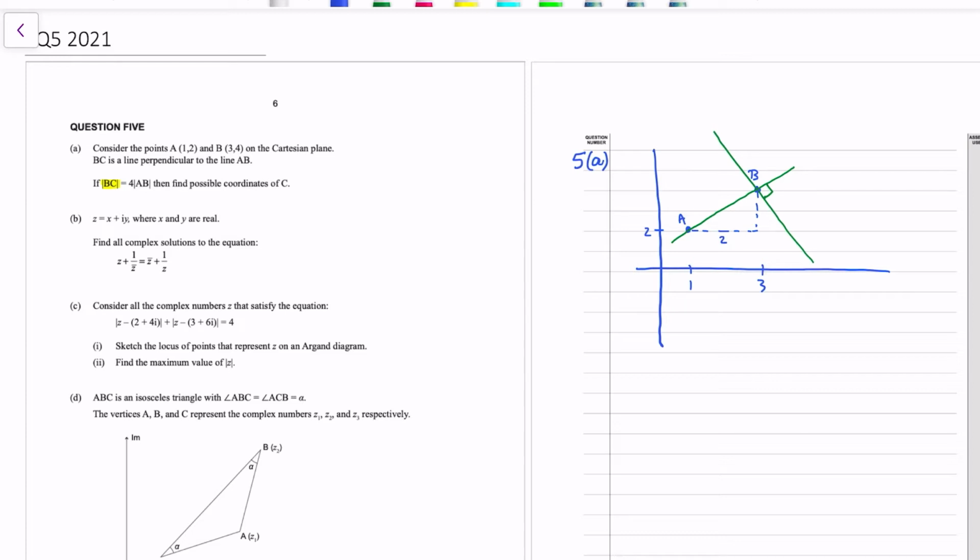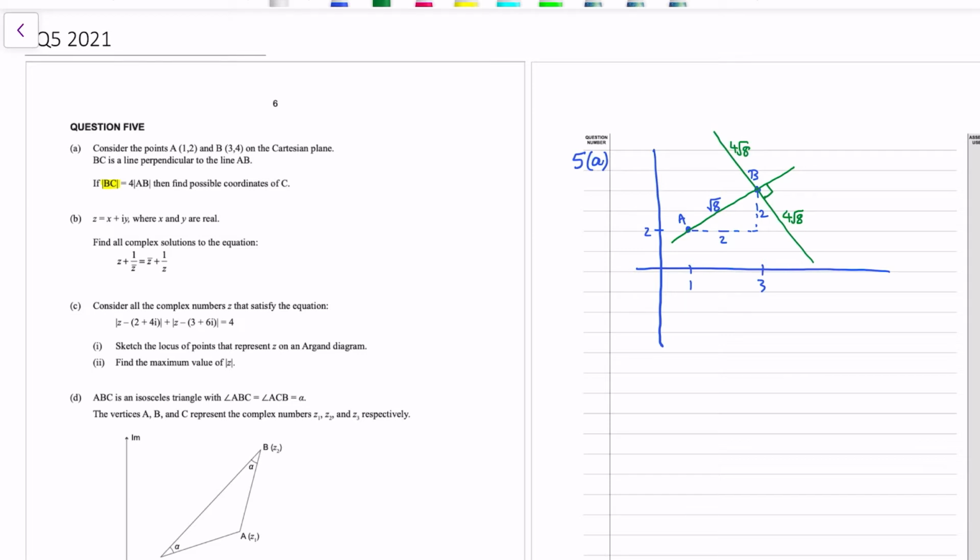Got 2 in this direction and 2 in that direction. 2 squared plus 2 squared is 8, so AB is equal to root 8. And BC therefore is going to be 4 root 8. So we need to go 4 root 8 in this direction here and 4 root 8 in that direction there. Perpendicular tells us something about the slope.